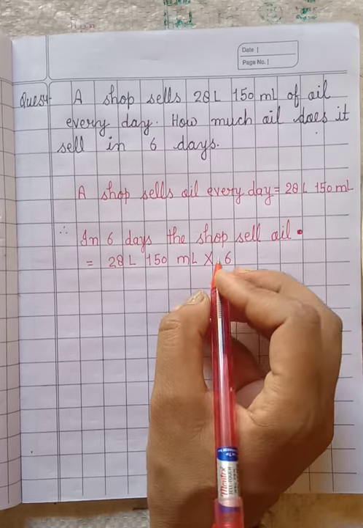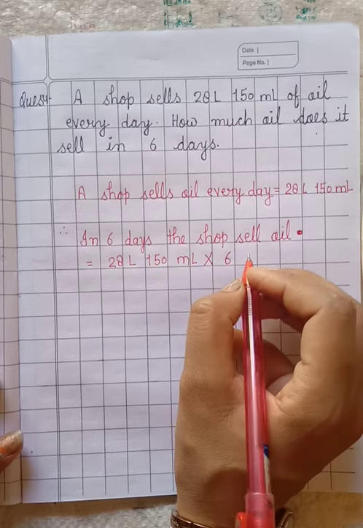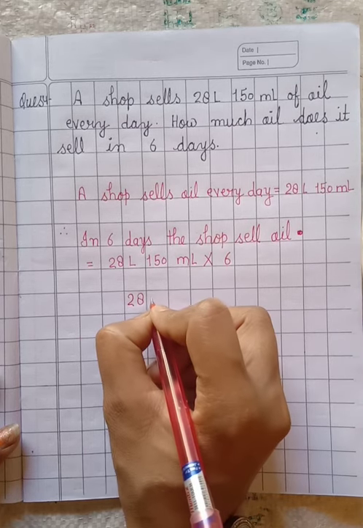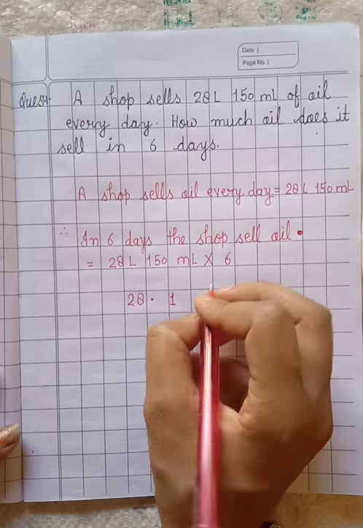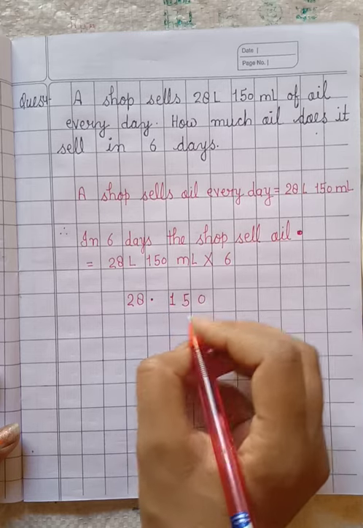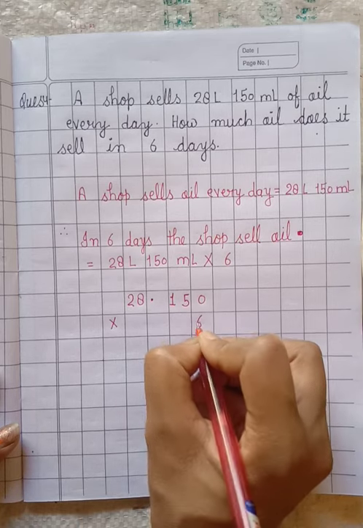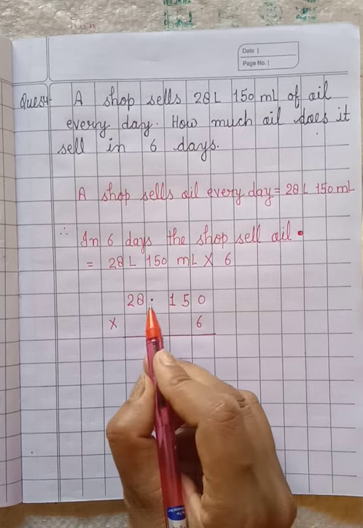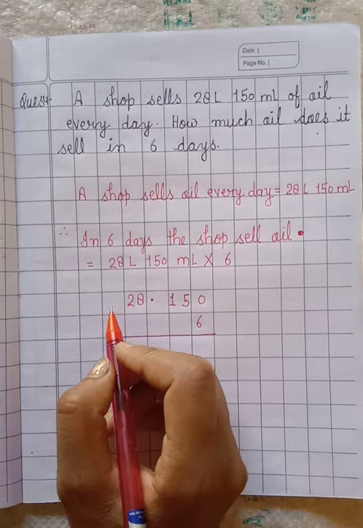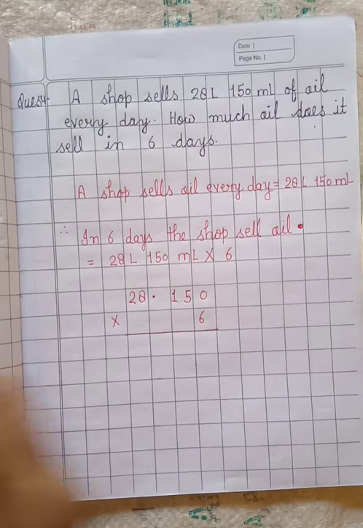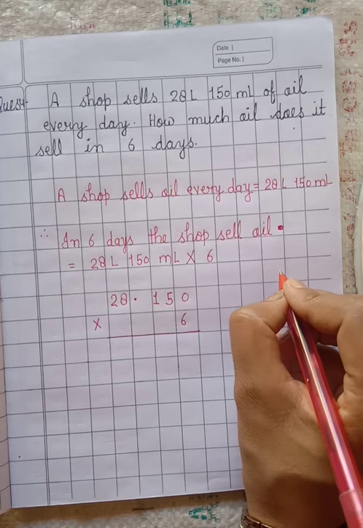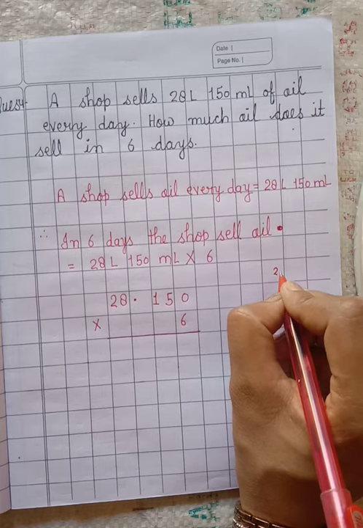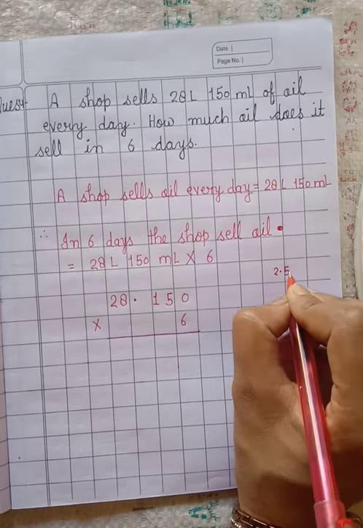Okay, now you can write these digits in their respective columns. 28.150 and multiply by 6. अब students, आप सोच रहे होंगे कि ये point कहाँ से आया, point तो digits में है ही नहीं. तो kind information that in the previous questions अगर आपके पास 2 rupees हैं, suppose that you have 2 rupees and 5 paise, तो 2 rupees and 5 paise को हम किस तरह से write कर सकते हैं, 2.5.